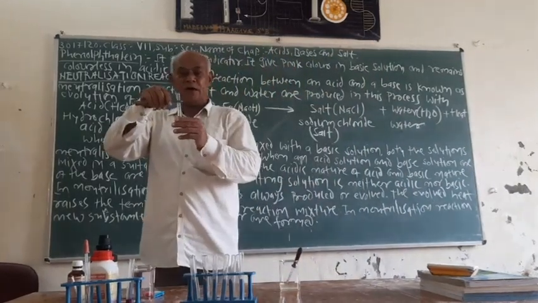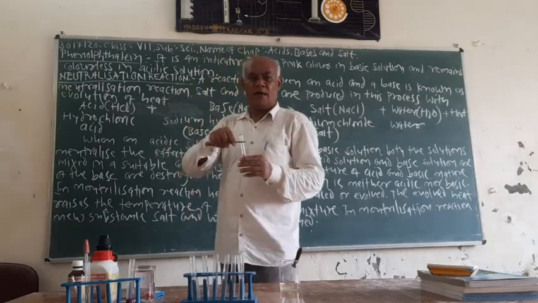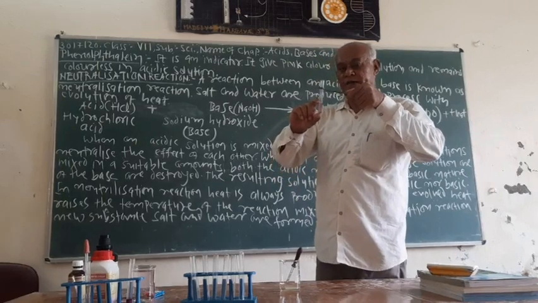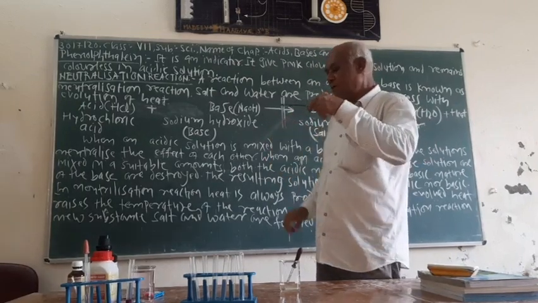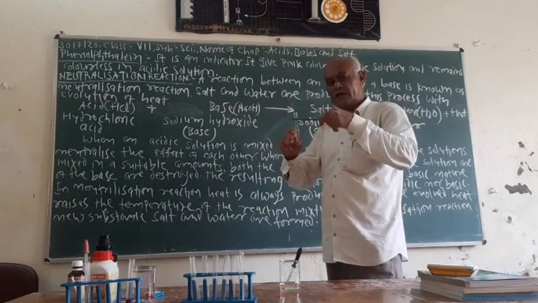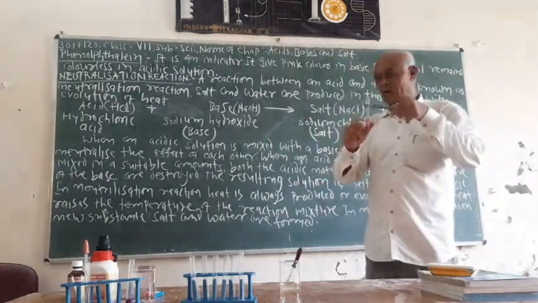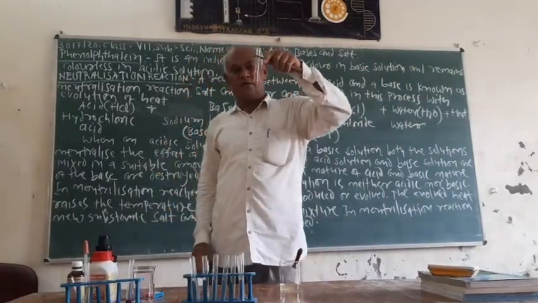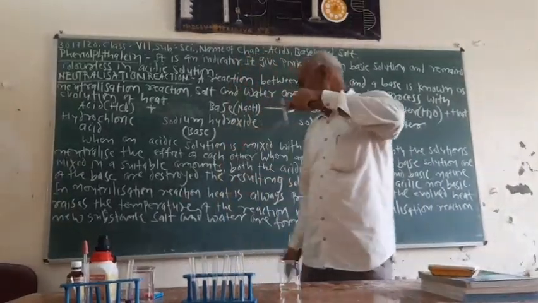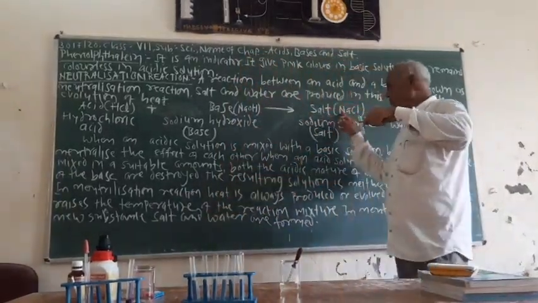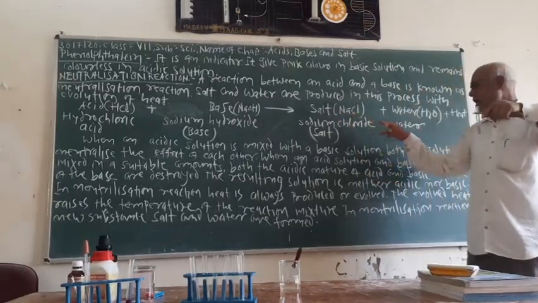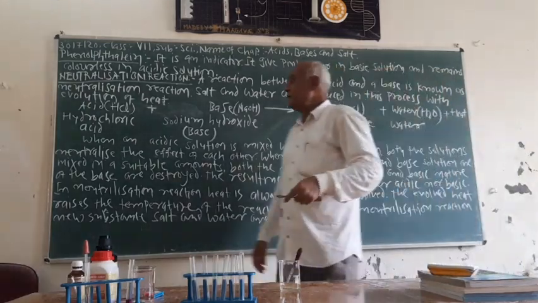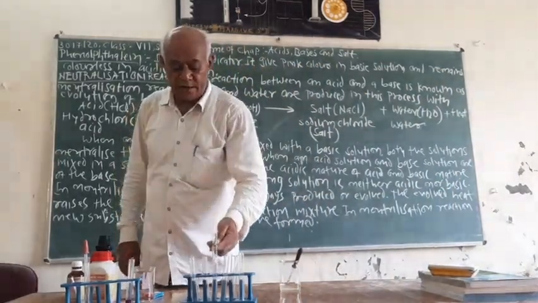Now, if we touch the test tube, we feel heat, because during the reaction between acid and base, that is the neutralization reaction, heat is produced or evolved, and the mixture in this test tube is now a new substance, salt, that is sodium chloride in this case, and water, and some heat is evolved. So this is the neutralization reaction.